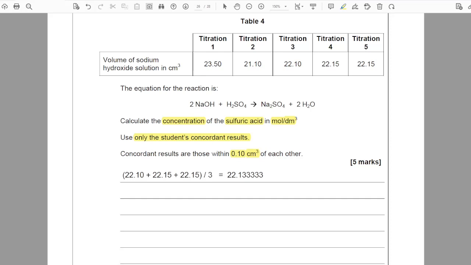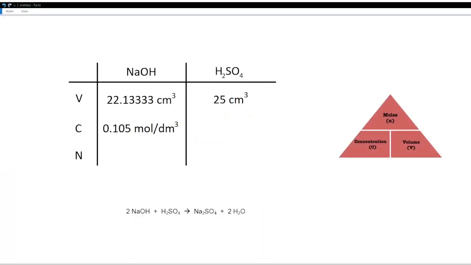Now, what I like to do is to make a table and fill in what I know. So we know the volume of sodium hydroxide is 22.13 recurring centimeters cubed. We also know the concentration is 0.105. On the other hand, we know that the sulfuric acid has a volume of 25 centimeters cubed. Firstly, I would convert both the volumes into decimeters cubed because that's the unit we want the answer in.